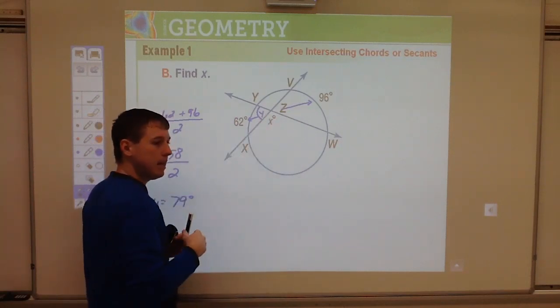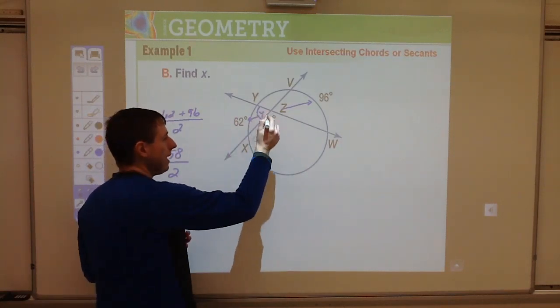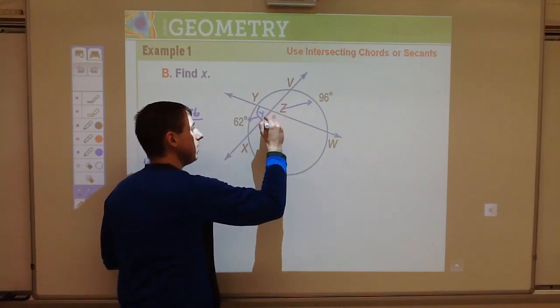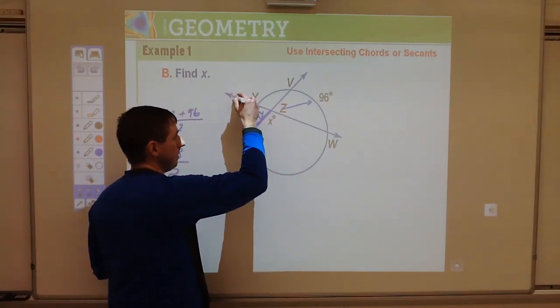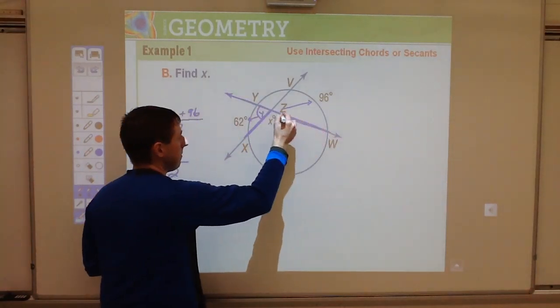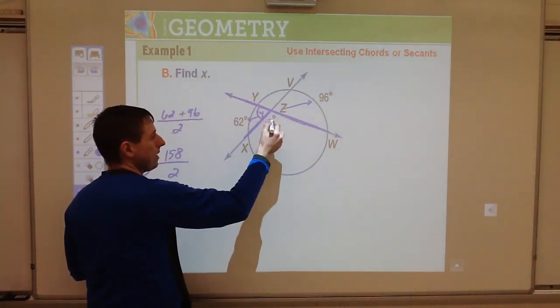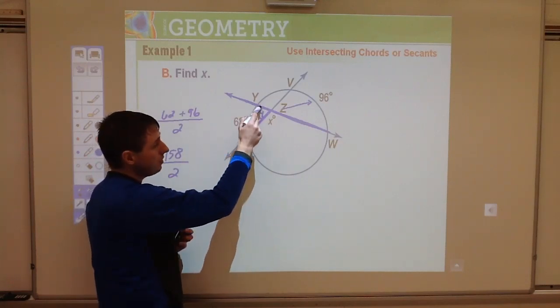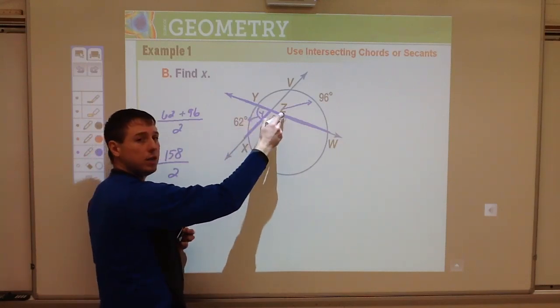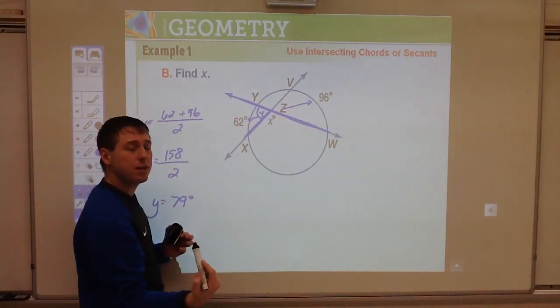If y is 79, y and x, you guys remember a linear pair? They share that side there, and together they make this straight line. Y and x there together. So if I have 79 there for y, these two together, a full straight line, is always 180 degrees.